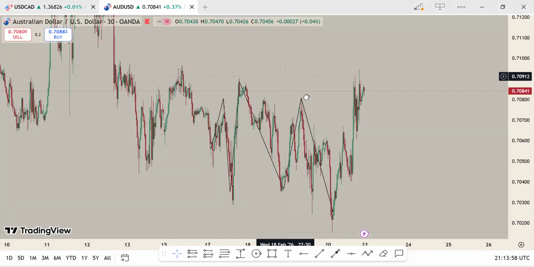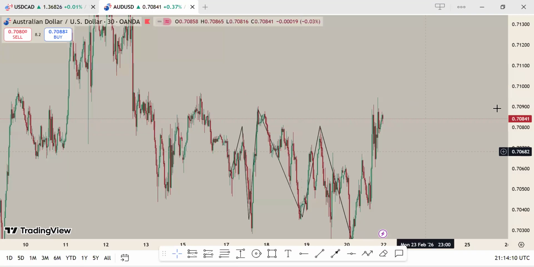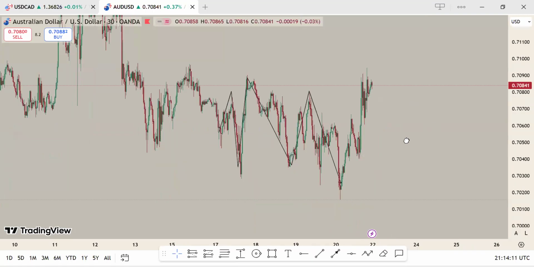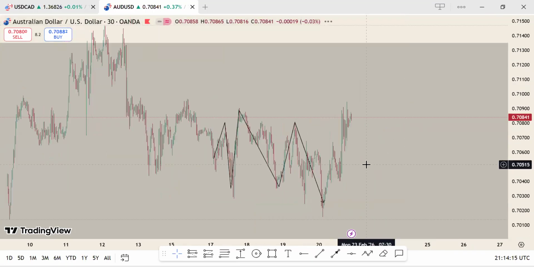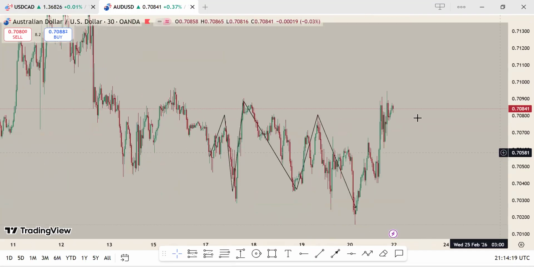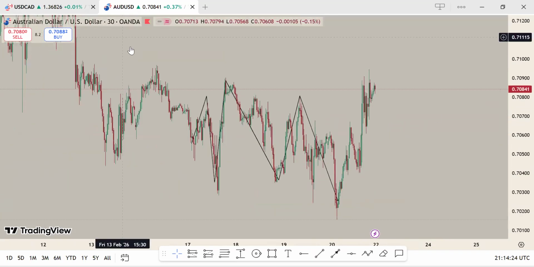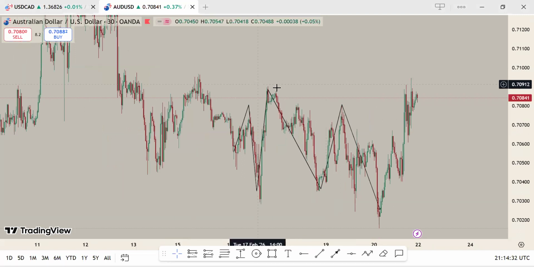This has played out already. It has already failed. Is it a buy or a sell? I'm actually looking on 30 minutes now. It's a sell and it's not the one I marked out.